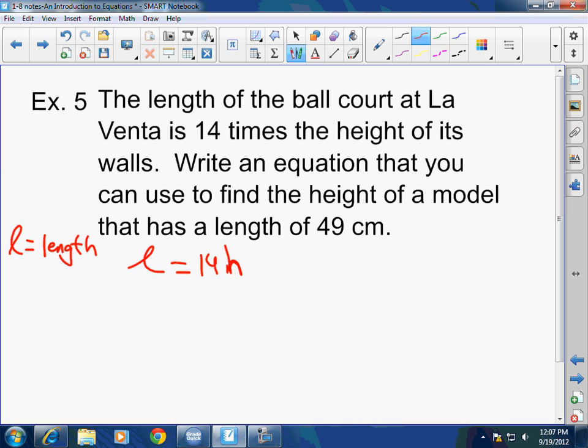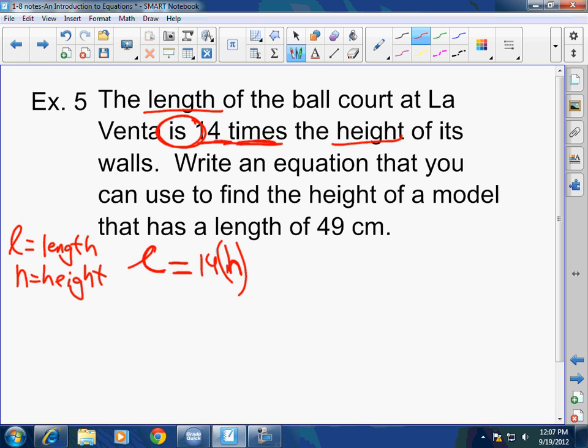What does H mean? Height, yes. How did he get this? Well, check it out. The length of the ball court at La Venta is, so length is 14 times the height, H. Perfect.